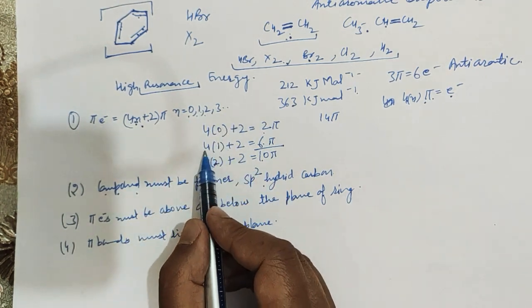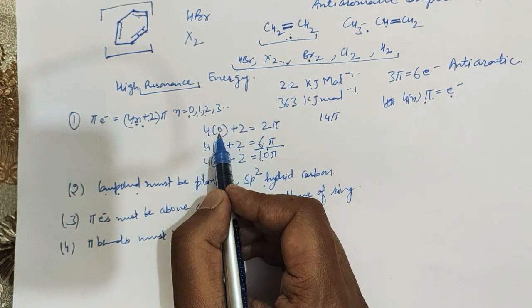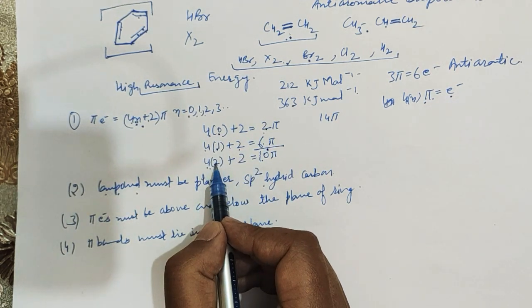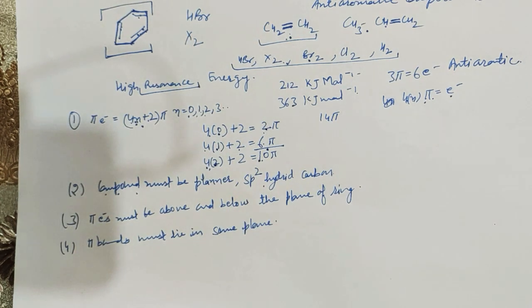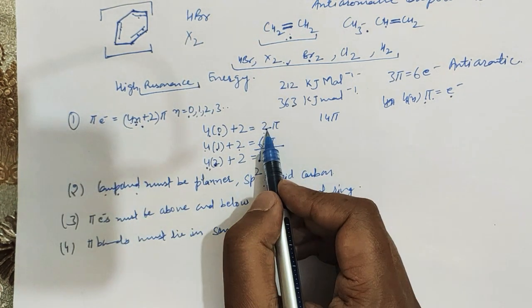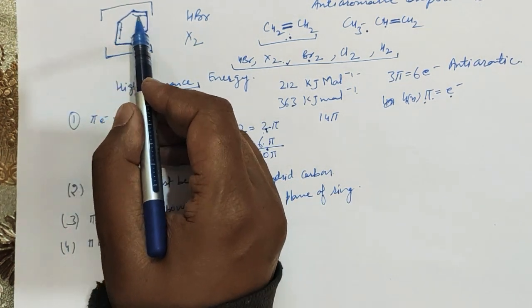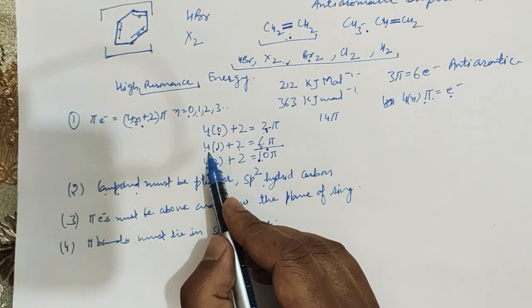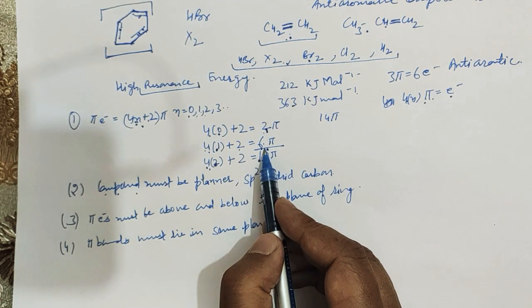If we put n as 1, then it's 6 pi electrons; if n is 0, there should be 2 pi electrons; if n is 2, there should be 10 pi electrons. Looking at benzene, are there 2 pi electrons? No, there are 2, 4 and 6 pi electrons. So when n is 1, there are 6 pi electrons, and it fulfills the first condition.